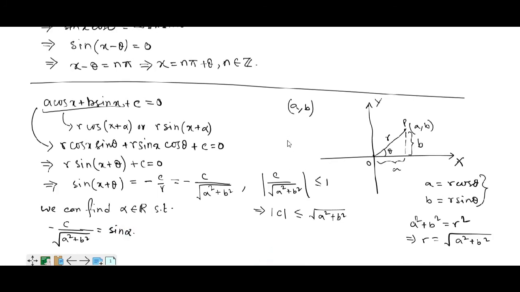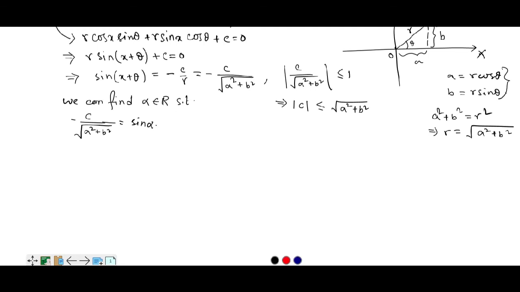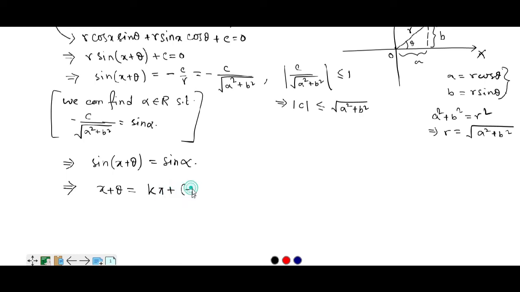And if we can find such an alpha, we can easily write the equation sine of x plus theta is equal to sine alpha. Now when this is true, by the previous equations we can say that x plus theta will be k pi plus minus 1 to the power k into alpha. That means x will be equal to k pi plus minus 1 to the power k into alpha minus theta.